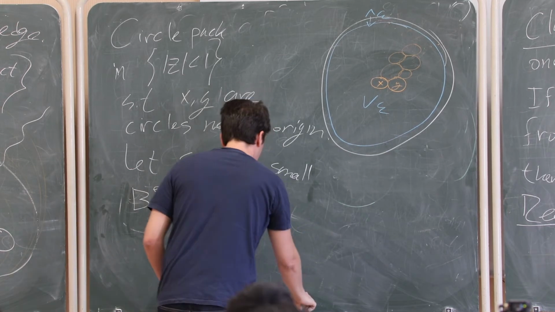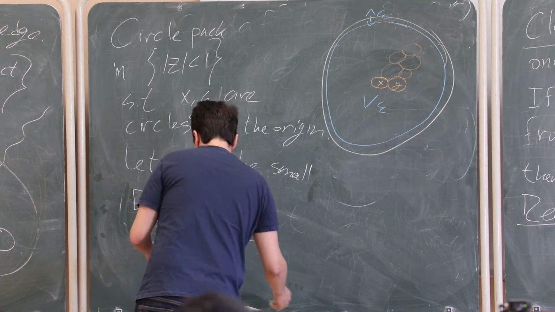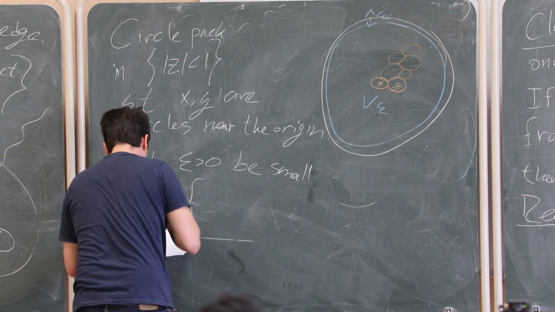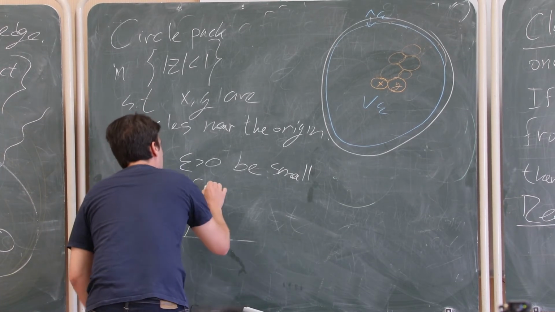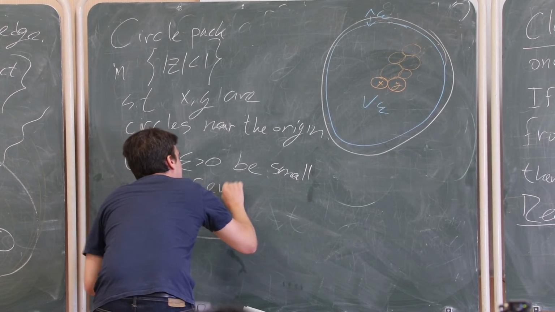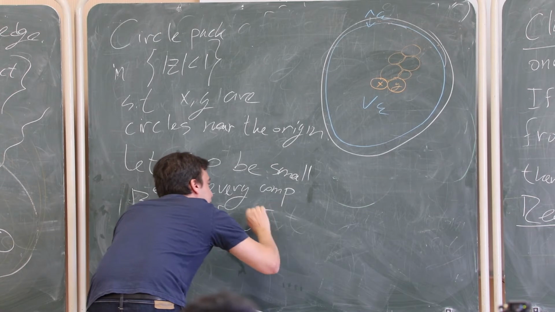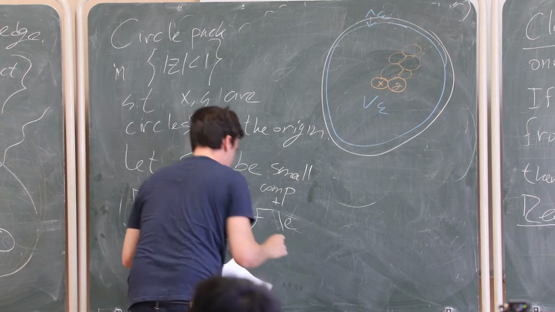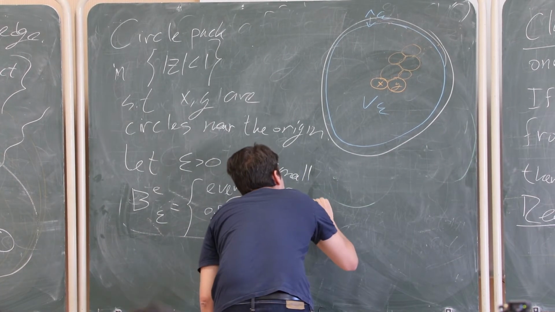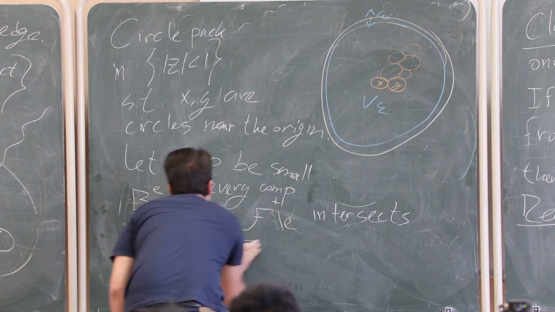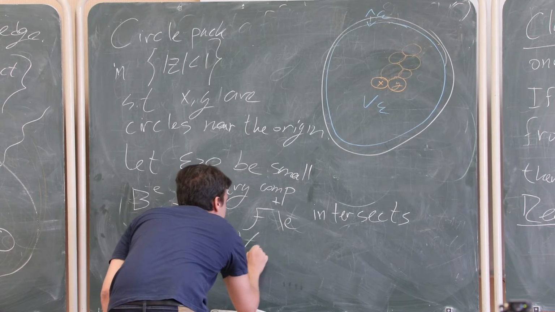that neighbor V_epsilon. And the event B_epsilon is going to be that every component of F minus E intersects V minus V_epsilon.